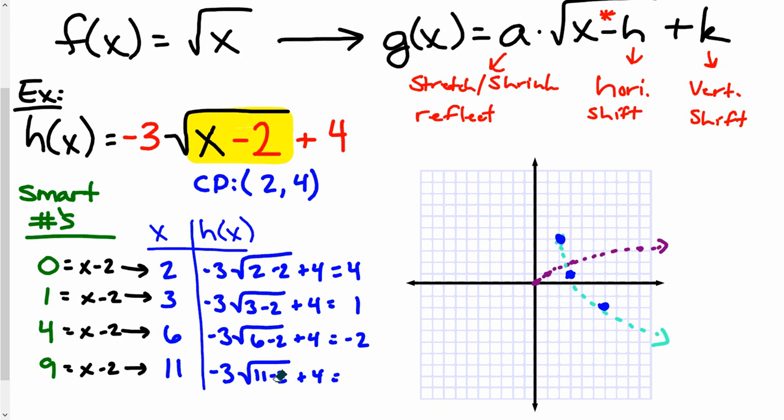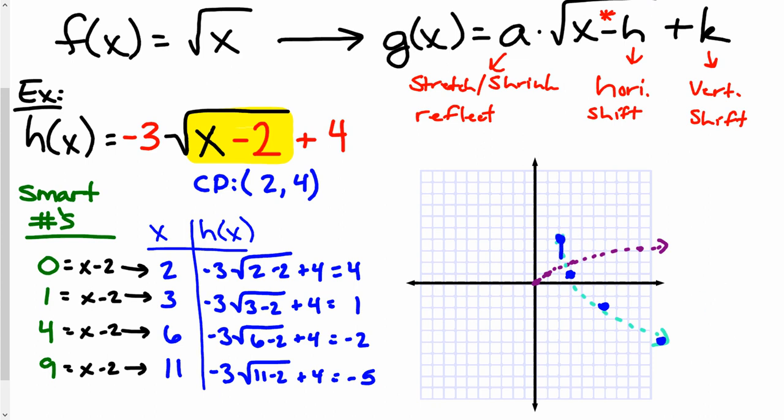The square root of 9 is 3. -3 times 3 is -9. -9 plus 4 is -5. Okay, so we're going to go where x is 11, which is just off the graph, and then we're going to go down 1, 2, 3, 4, 5. So probably right about there. So you see the line where I drew the guess, how it was pretty close.